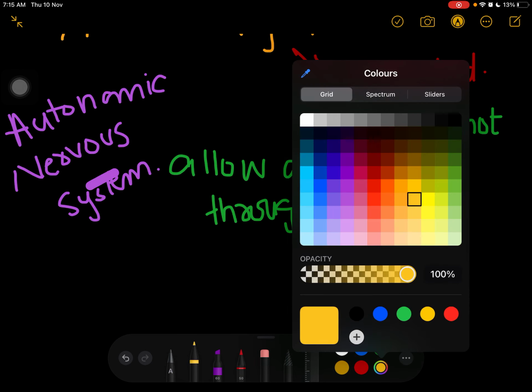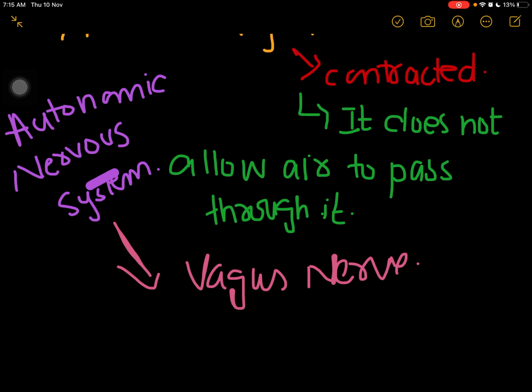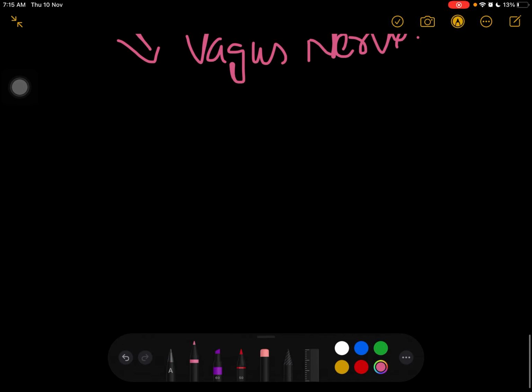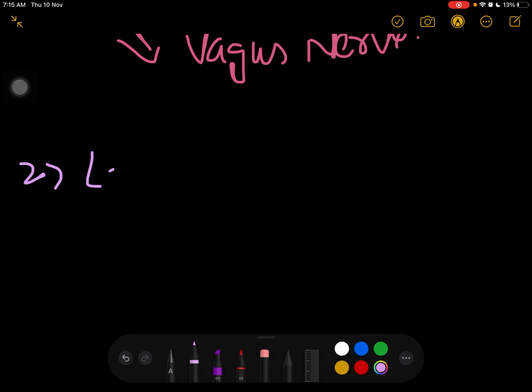If we talk about the nerve, I will say the nerve is the vagus nerve, right? The vagus nerve controls this contraction and the relaxation of the sphincters of the esophagus, right?